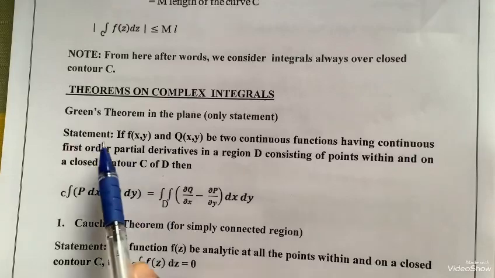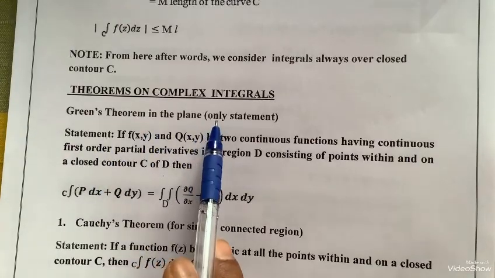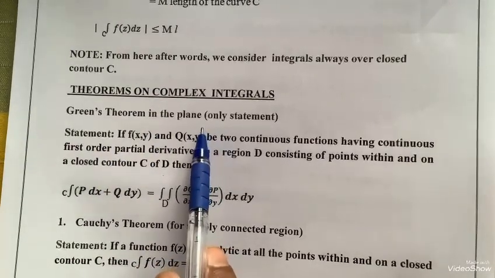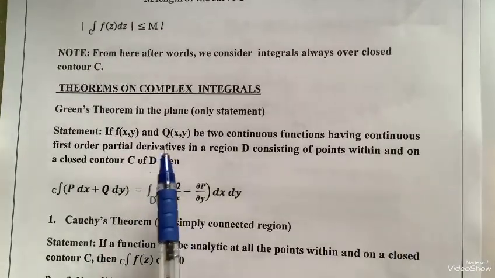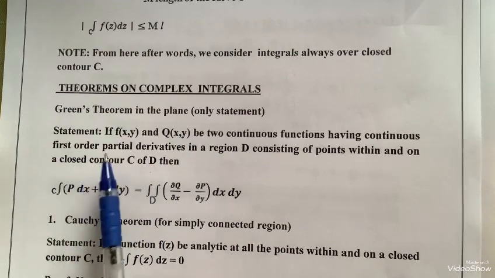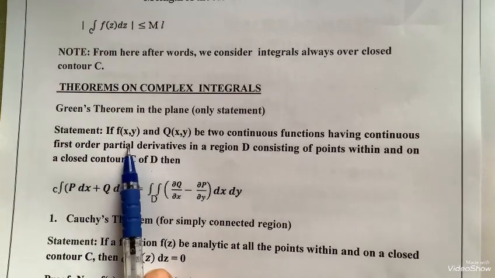Now, first one, Green's theorem. It has only a statement. You do not have the proof for this because you are using the statement in the next theorem. So, Green's theorem in the plane. What is the statement of this?